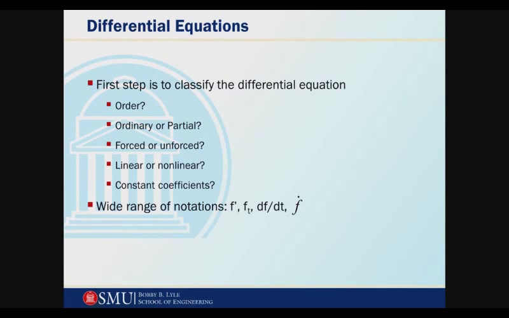And then sometimes for time, you just have an f dot on top of it. So one of the complexities about equations, in particular differential equations, is that people use different notations, and you'll have to get comfortable with a variety of those.